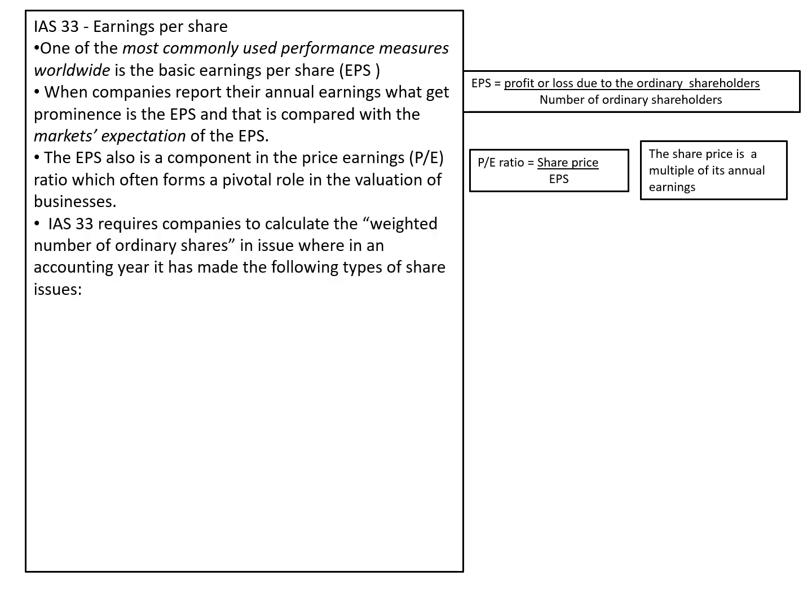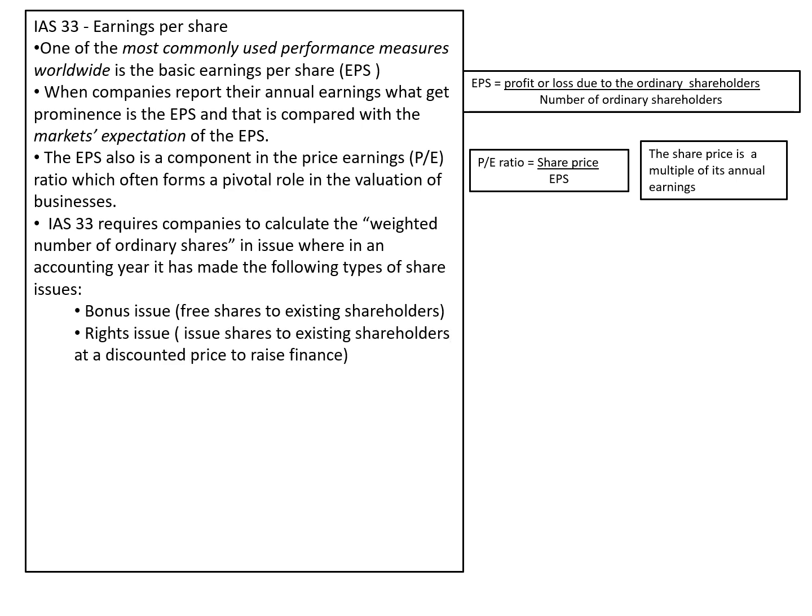IAS 33 requires a company to calculate the weighted number of ordinary shares in issue in an accounting year where it has made the following types of issue. Bonus issues, which are free shares to existing shareholders.